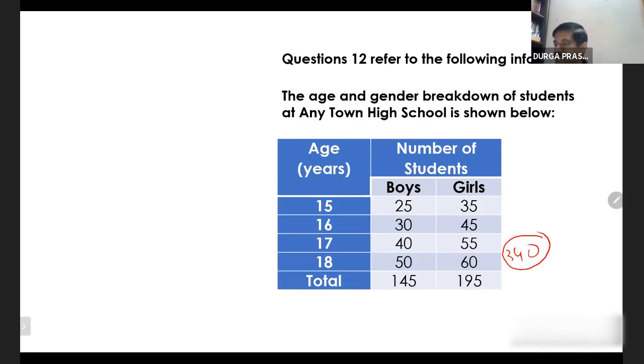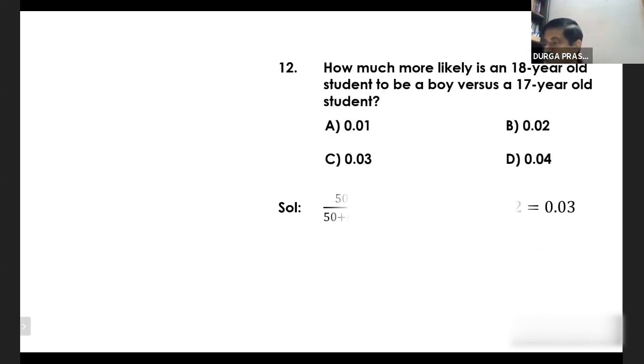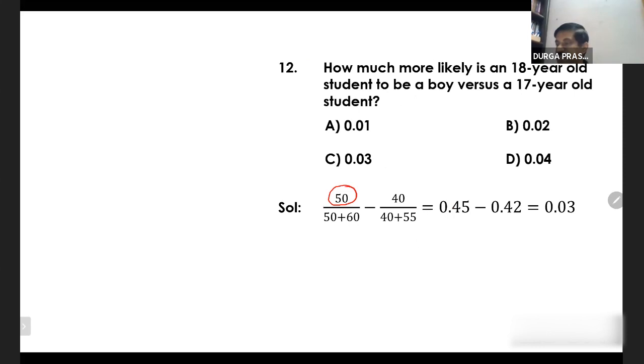At 18 years the number of boys is 50. At 17 years the boys are 40. Now look at this probability solution. He asked how likely an 18-year-old is a boy: 50, and the total number of students is 50 plus 60. How is it? Let us check that by taking the table.